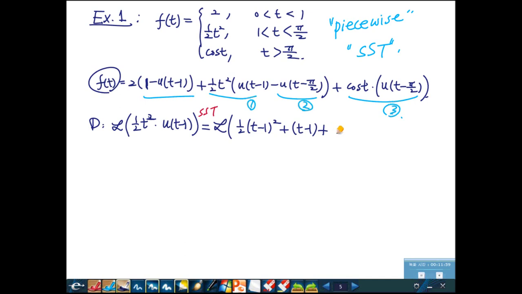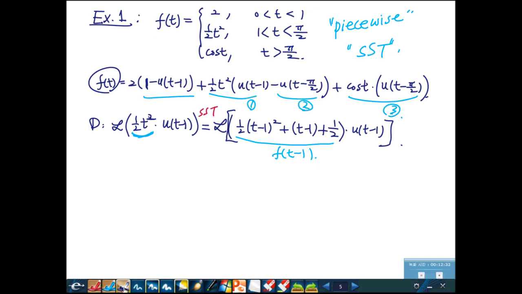So 1 plus 1/2 times u of t minus 1. Actually, this, right? So we are simply writing this part using the second shifting theorem, f of t minus 1, right? Okay.